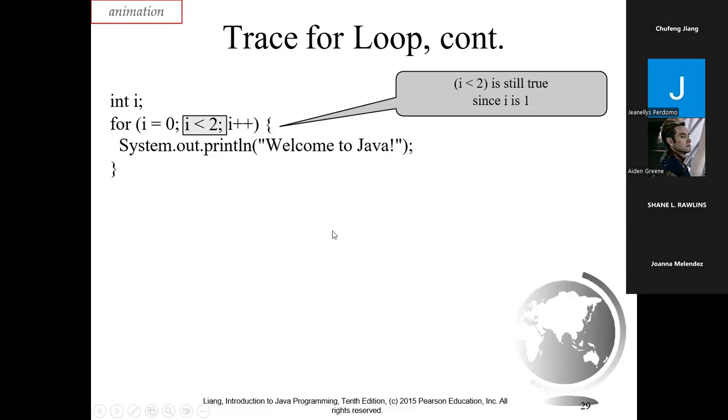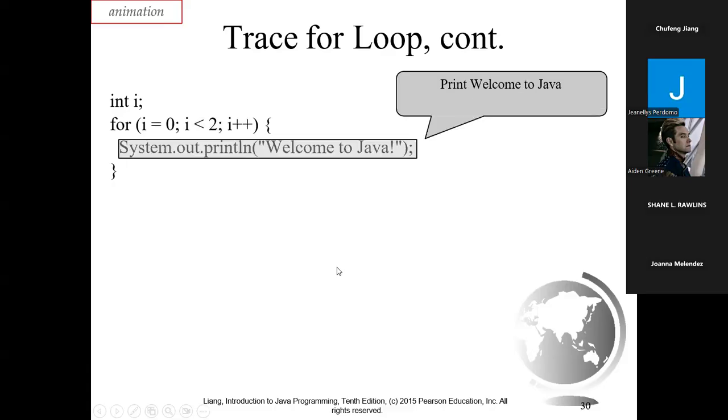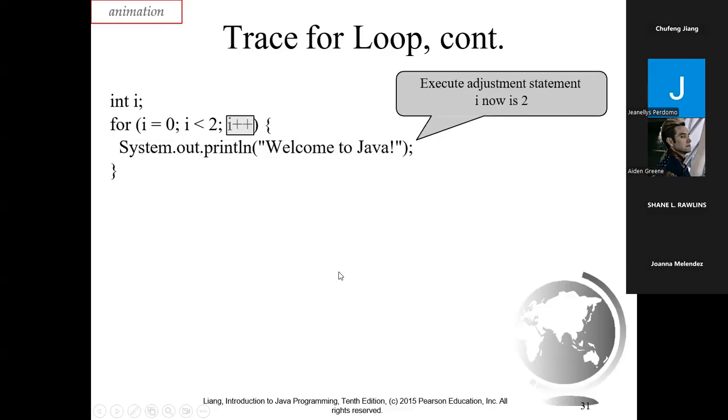Then we go back and examine whether i < 2 is still true. At this time, i is 1, and i is also smaller than 2. So this time we still print out Welcome to Java. After that, we execute i++ again.